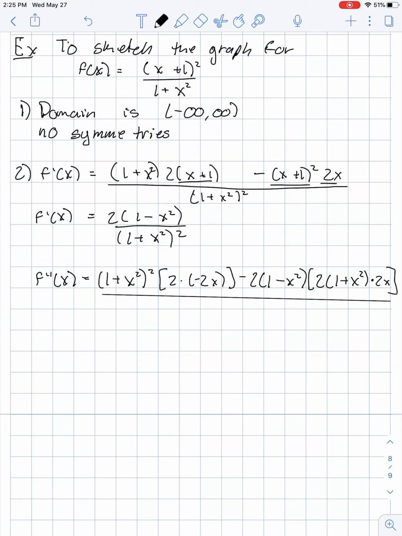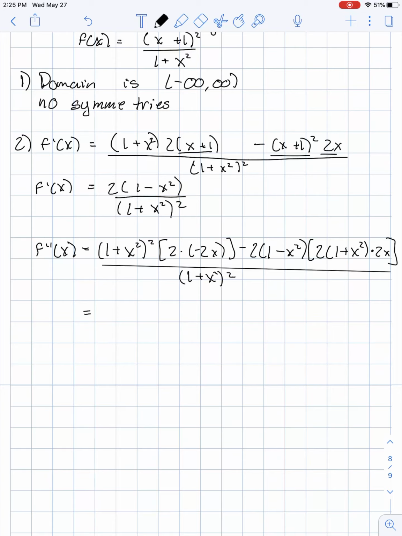This is all over 1 plus x squared squared. And then when we simplify it, we'll get 4x squared minus 3 over 1 plus x squared cubed. Okay, cool. So we have both derivatives and we have them simplified too. So we're going to highlight them.